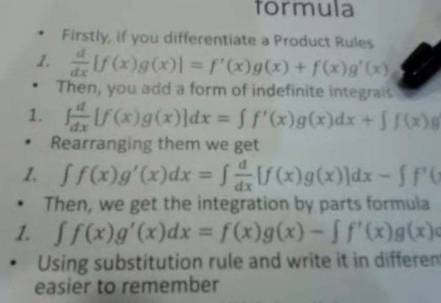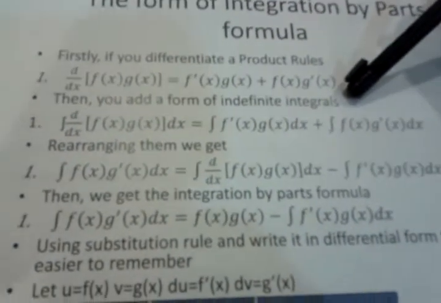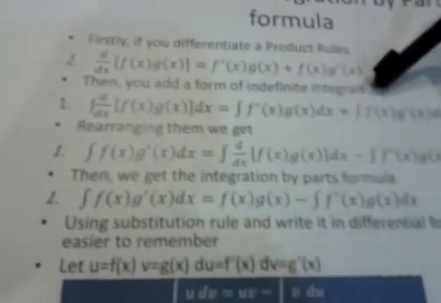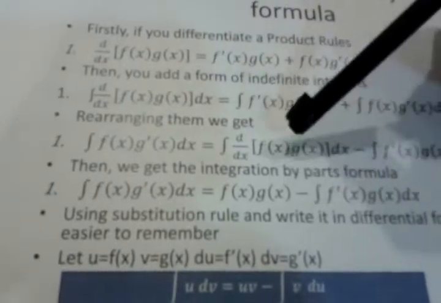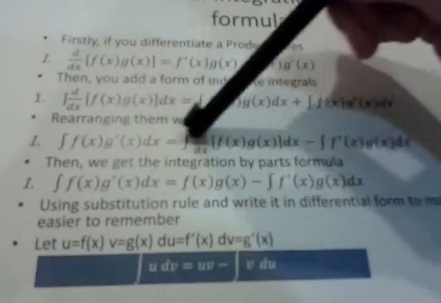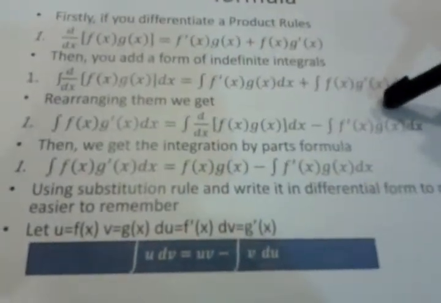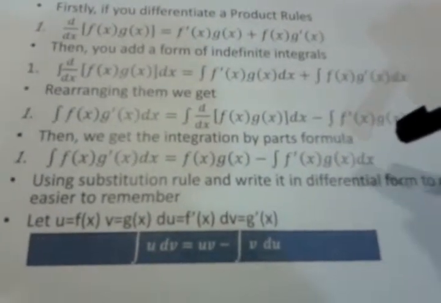Then we add the indefinite integral to all of them, rearrange this one to here and this one to here, and we will get this. Then we get the integration by parts formula.